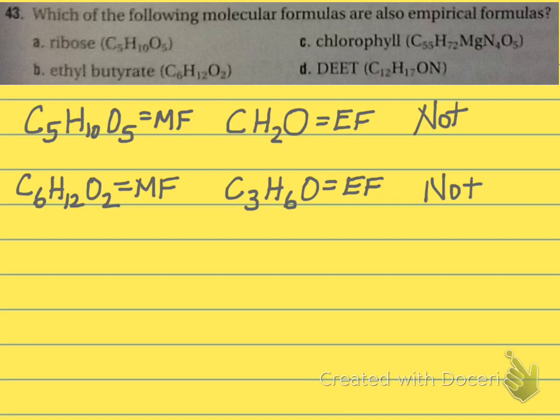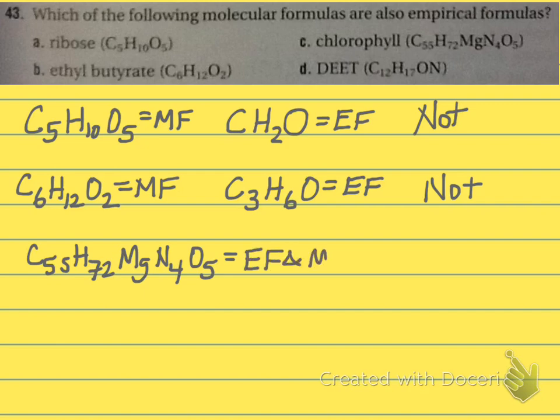For chlorophyll, C55H72MgN4O5. Again, because there's only one magnesium, this is both an empirical formula and a molecular formula. So this is yes, it is.